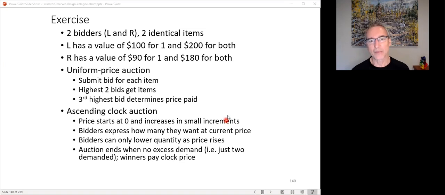Okay, so the clock auction is now ascending. So we started at 0, both are on green, that's 2.